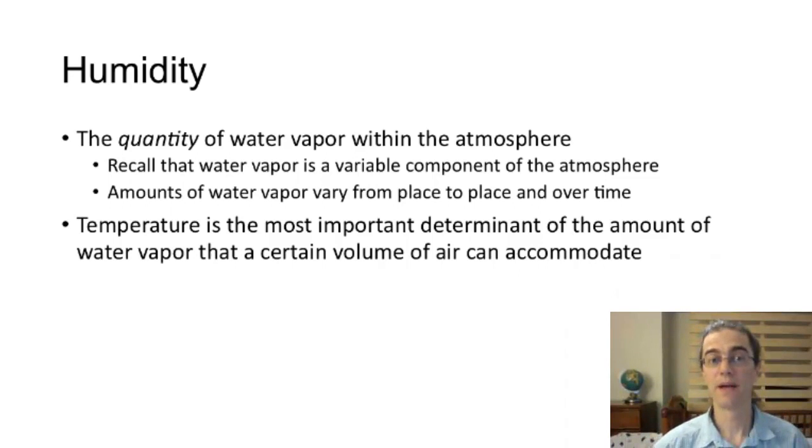And also keep in mind that amounts of water vapor vary place to place and over time. So it's fleshing out a little bit more what I was just referring to, but adding in the time factor, how through time these aren't stagnant values in any one place, and in any set amount of time we can see patterns as well, similar to how we look at patterns across space.